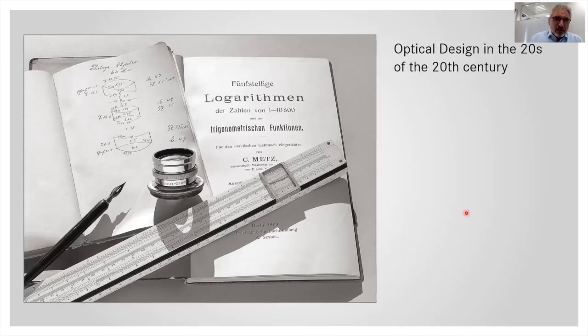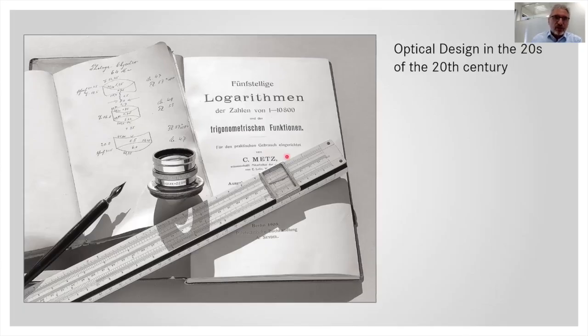At that time, they had different tools they needed to use, and logarithm tables here. And this logarithm table is quite interesting because Karl Metz did this logarithm table, and Karl Metz was the first optical designer at Leitz, and he did his own logarithm table because he didn't trust the other ones. He wanted to have a very precise logarithm table, and they used these tools here, all writing by hand, and this took a very long time.